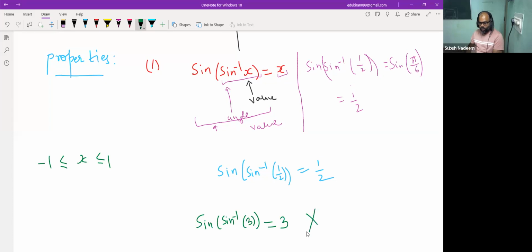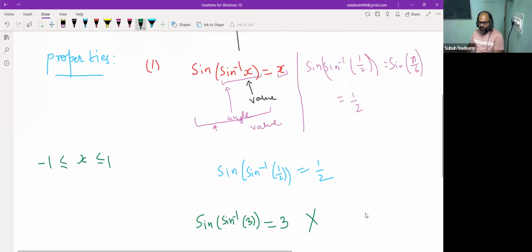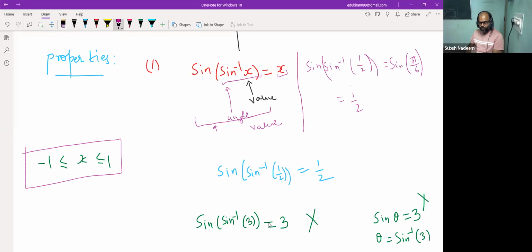It is wrong, because this 3 is not between 1 and -1. Half was fine. Sine of any angle theta being equal to 3 is not possible. So there is no angle theta where you get sine inverse 3. So this condition is very important, that x is between -1 and 1. So you will say here it is not defined.